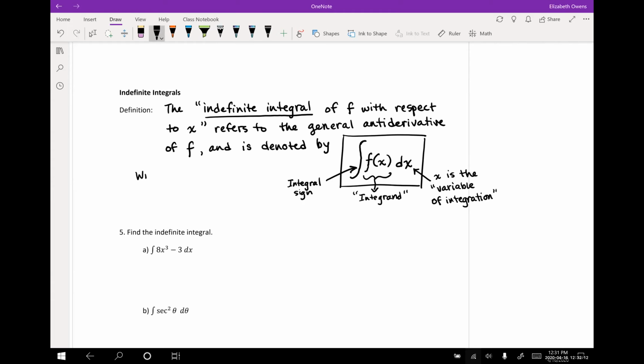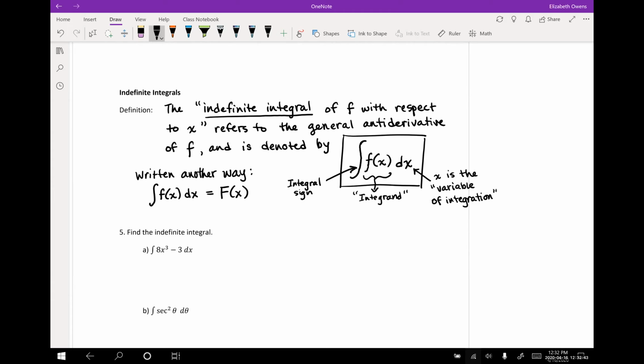So to write this another way. All right, to go back to that general antiderivative type of notation, you could say the indefinite integral of f of x with respect to x. Okay, that notation is really just a new way of writing capital F of x.